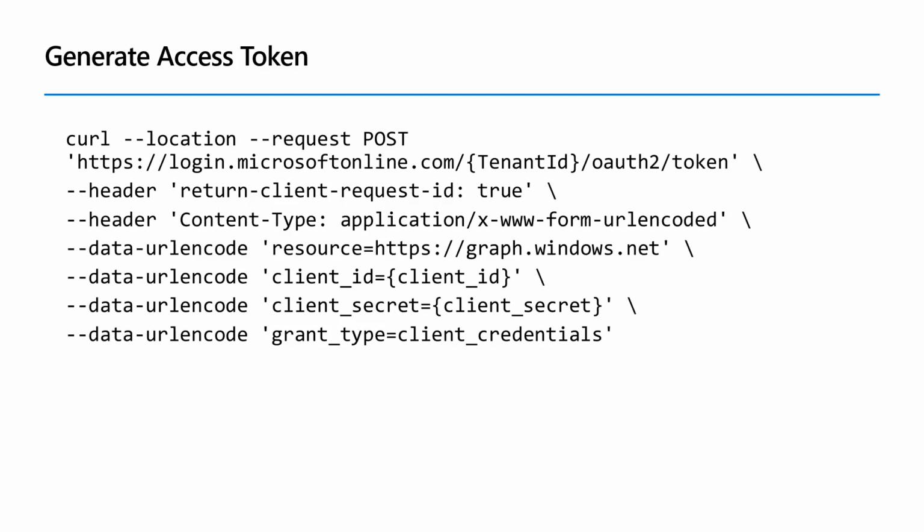So in order to generate this access token, you will require your tenant ID as well as the client ID and secret generated from the Azure AD application earlier. You'll also notice that there's a couple other headers and body that need to be added in order to ensure that the access token is generated accurately.